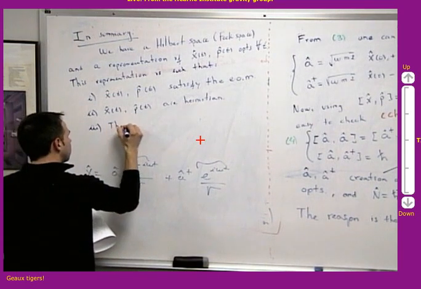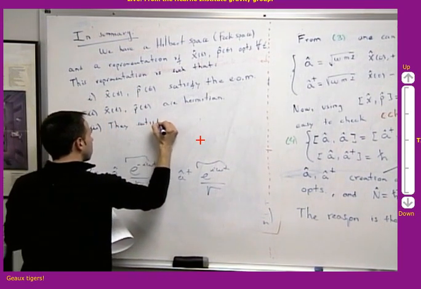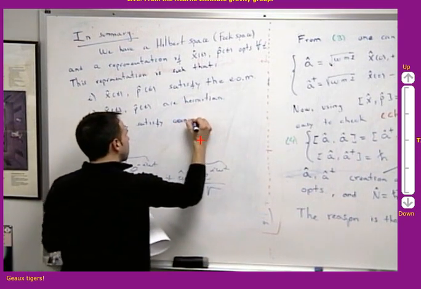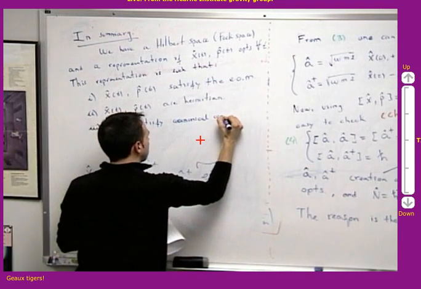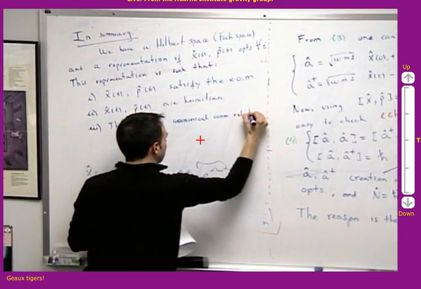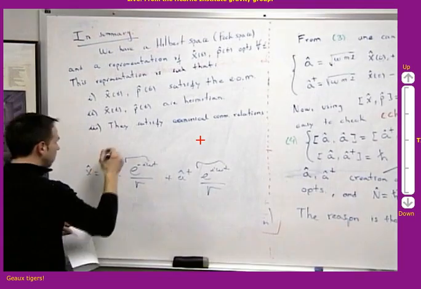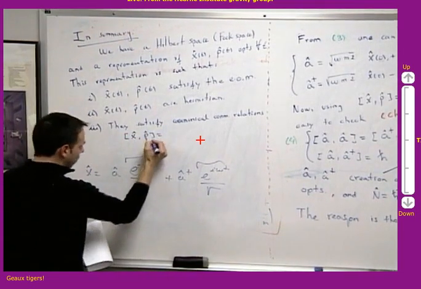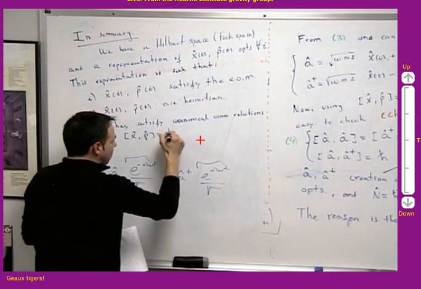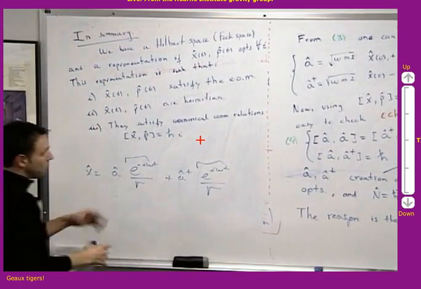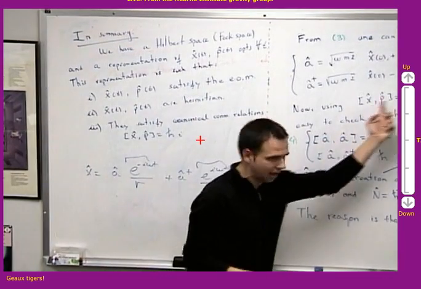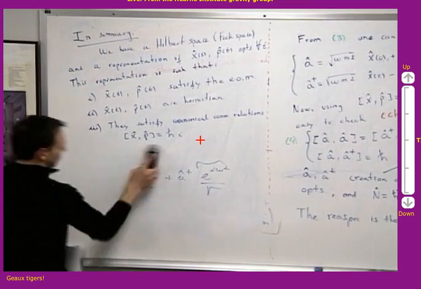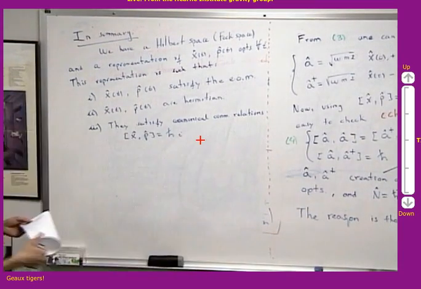Third, they satisfy canonical commutation relations. So if you plug this x and p and you use the commutations of a and a dagger, you obtain i h bar, trivially because these commutations were obtained from canonical commutation relations. So this also satisfies the canonical commutation. Quite trivially, but it's important to reiterate that.